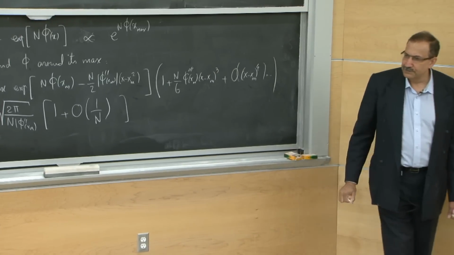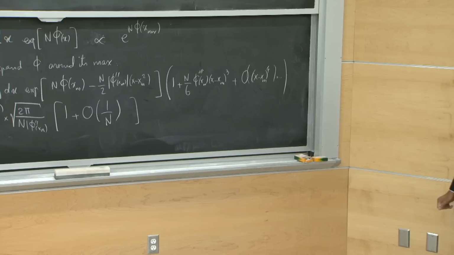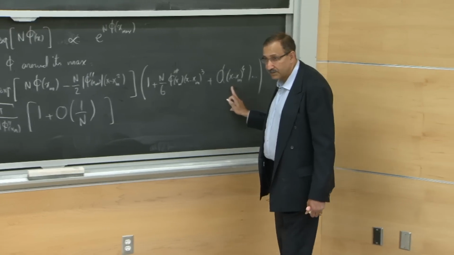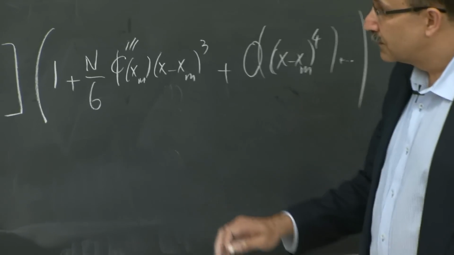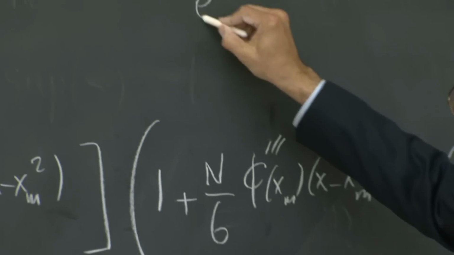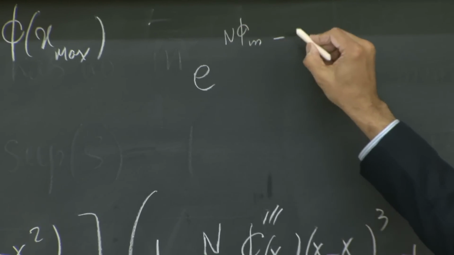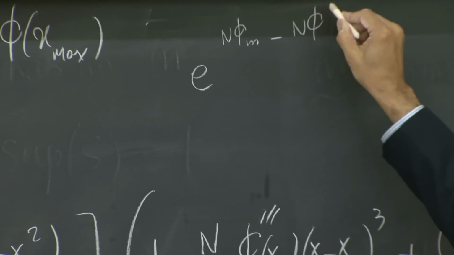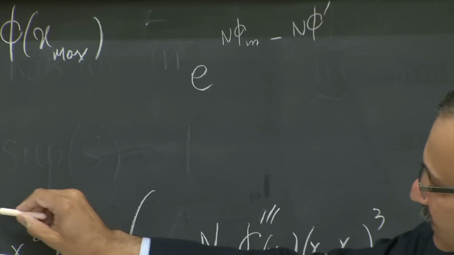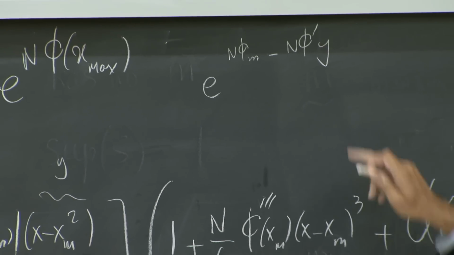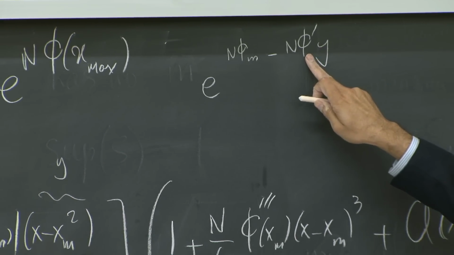Yes? Briefly remind what the second term in the bracket means. This? The whole thing in the second bracket. So in the numerator, I would have n phi m, n phi prime, let's call it deviation y, but the phi prime is 0 around the maximum.